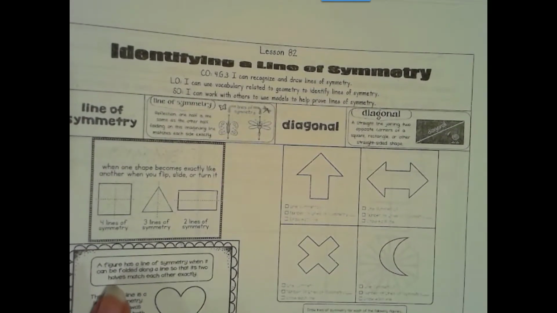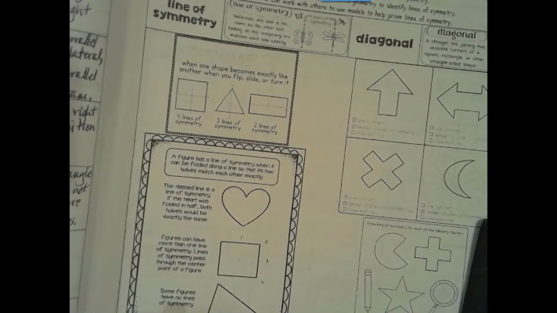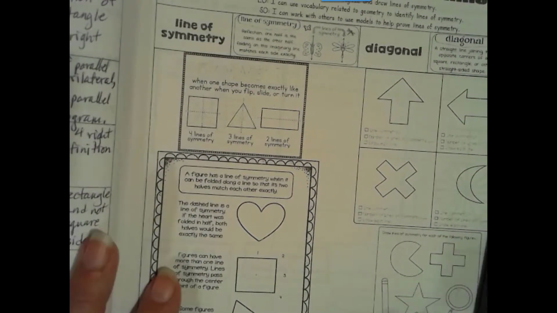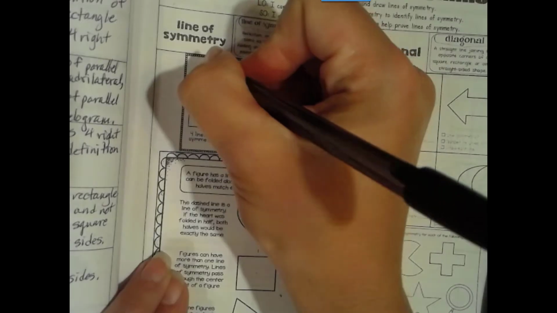So we are going to need a straight edge of some sort. I'm going to use this. You could have a ruler, you could have the side of a folder, side of anything that has a straight edge to it, just to make it a little easier. All right, so it's hard to see, but this word says symmetry.